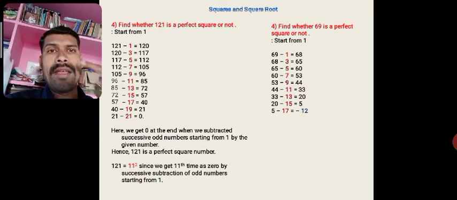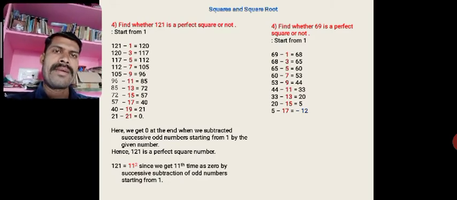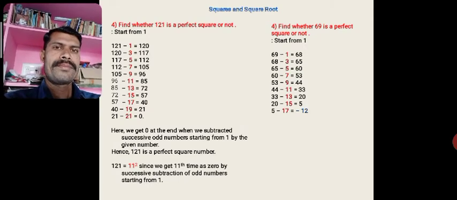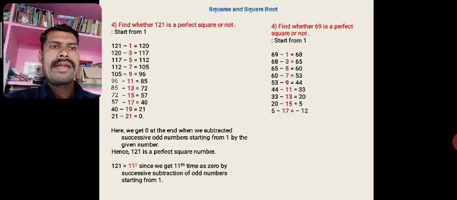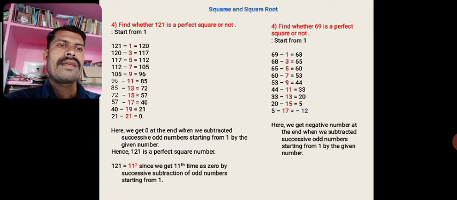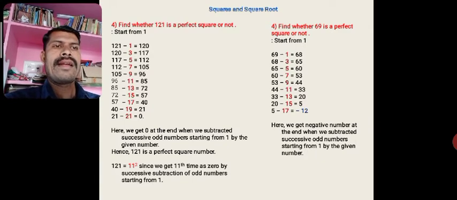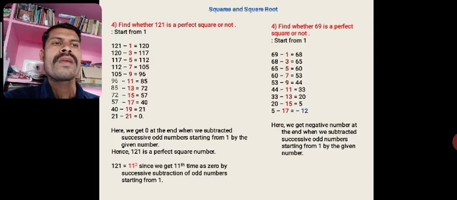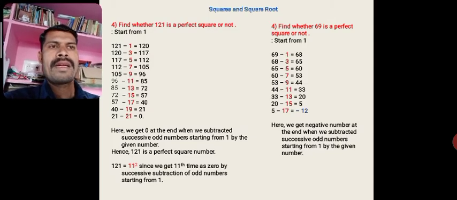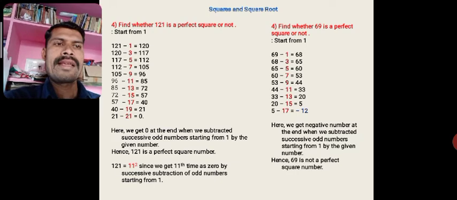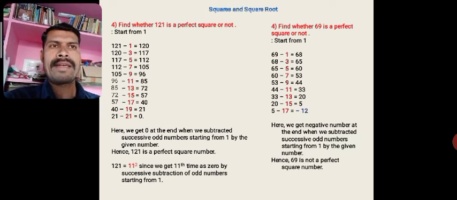That means we are getting a negative number, not 0. Here we get a negative number at the end when we subtract successive odd numbers starting from 1 from the given number. Hence 69 is not a perfect square number.